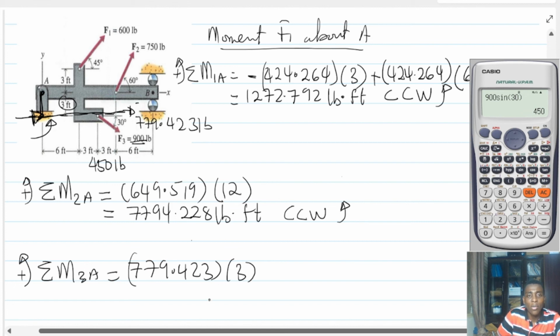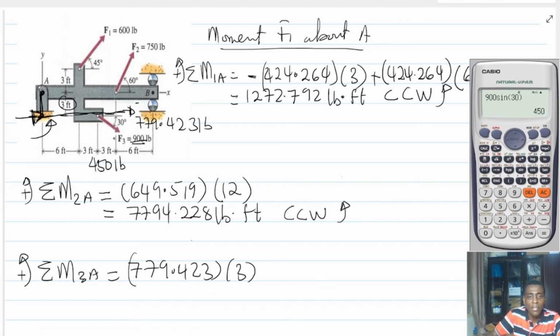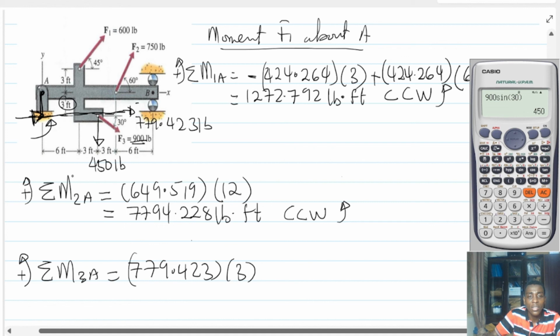And this is counterclockwise, so it's positive. And then I will look at the vertical force component, which is in this direction. Now, the line of action of that force is this. Therefore, I just need a distance which is perpendicular to meet it. And that distance is what? 6 plus 3, which is 9.